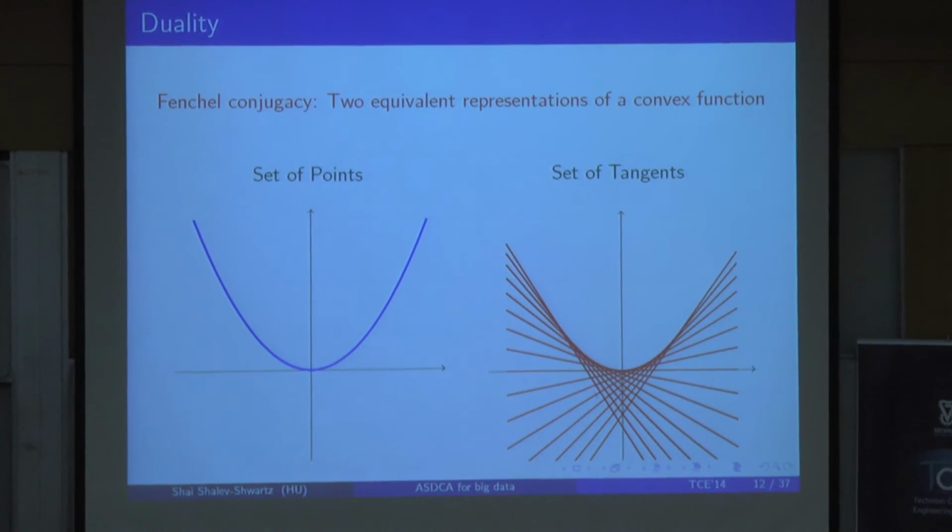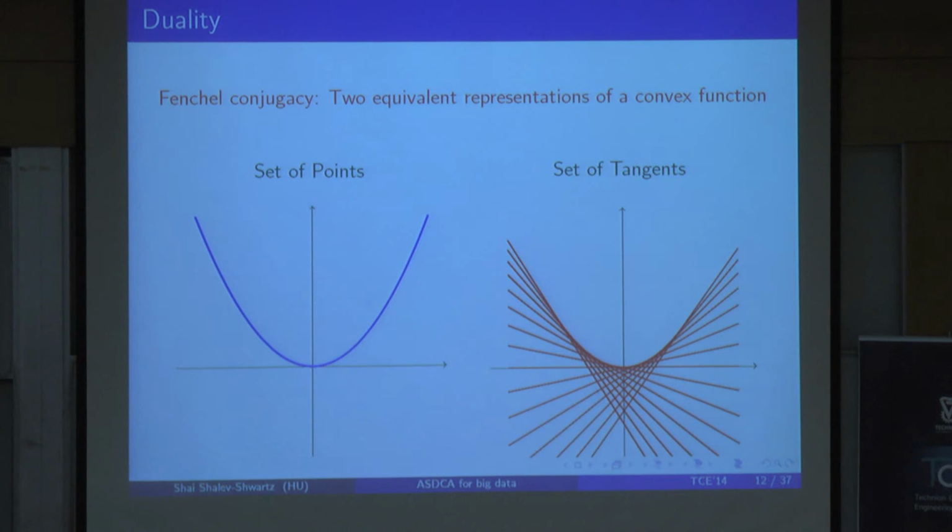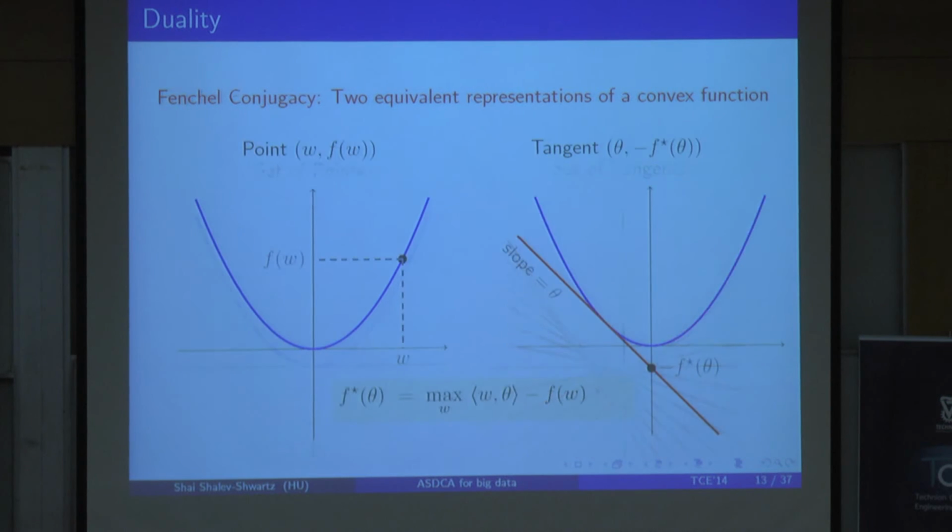The idea here is very simple. If you have a function, you can represent it in one of two ways. One way is a set of points, which is the usual way that we look at functions. This is the blue representation on your left. Another way is to say the set of all tangents of the function, which also gives you the same information.